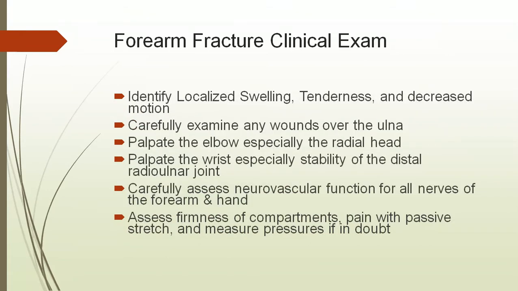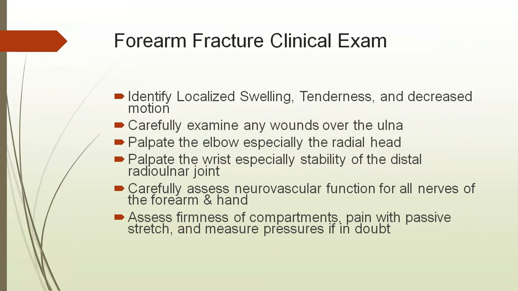On clinical examination, you must identify swelling, tenderness and decreased movement, carefully examine any wounds over the ulna, palpate the elbow, especially the radial head, and palpate the wrist and the stability of the distal radioulnar joint. Carefully assess the neurovascular function of all nerves.